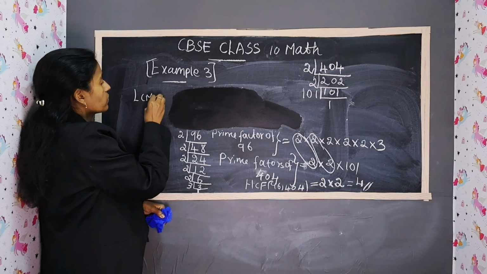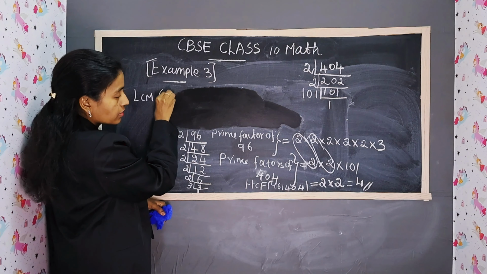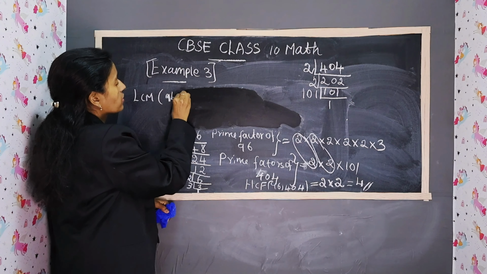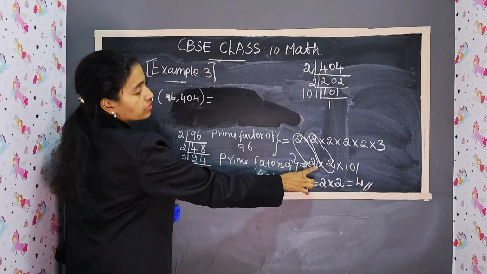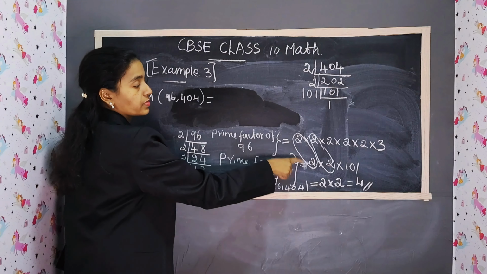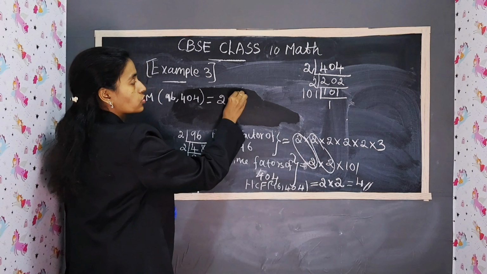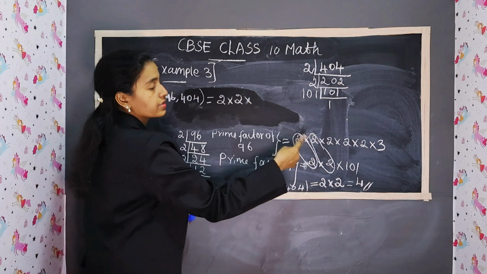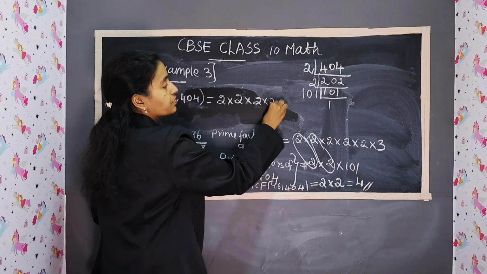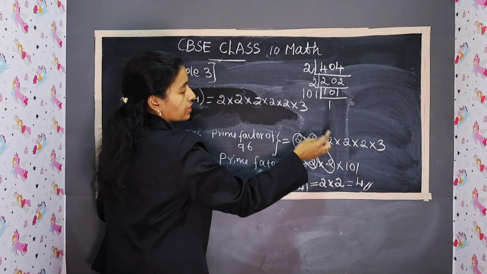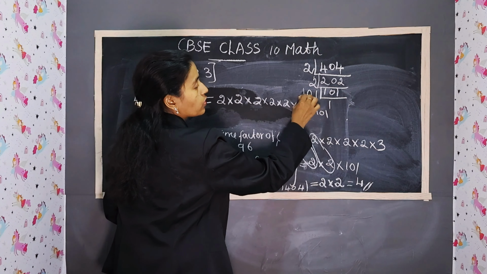The LCM of 96 and 404 is, we have to take only 1 2 from this pair, okay? 2 into, and here also 2 into all other factors. 2 2 2, 3 times, 2 into 3, again 101.